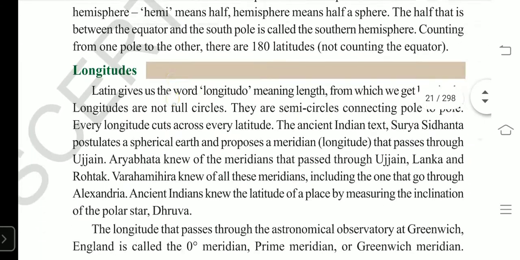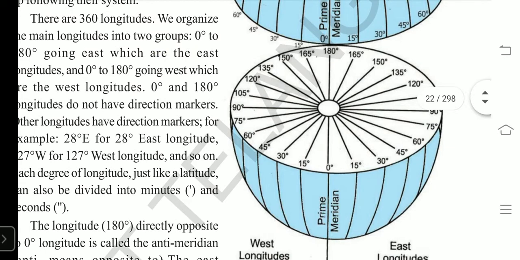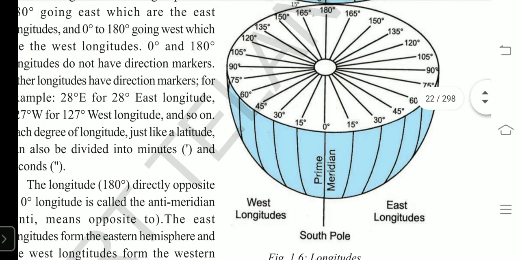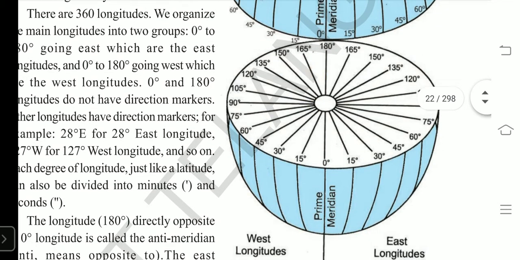See, this is the 0 degree prime meridian in the figure shown here. This is the 0 degree prime meridian half of a circle, and the remaining half of the circle is in the opposite direction, that is 180. So look here, this is half of the circle that we call the prime meridian.